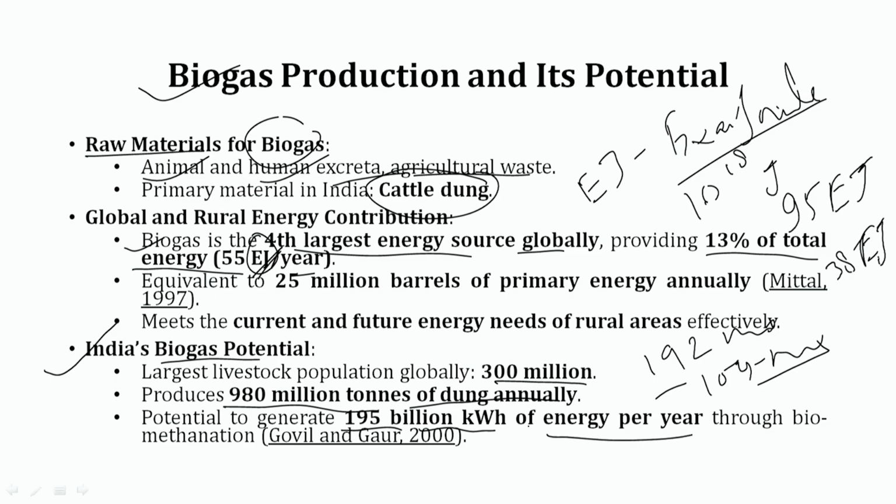If we convert this 195 billion kilowatt hours of energy per year, it comes to around 0.7 or 0.8, between these two figures, out of the dung produced by our 300 million bovine population.